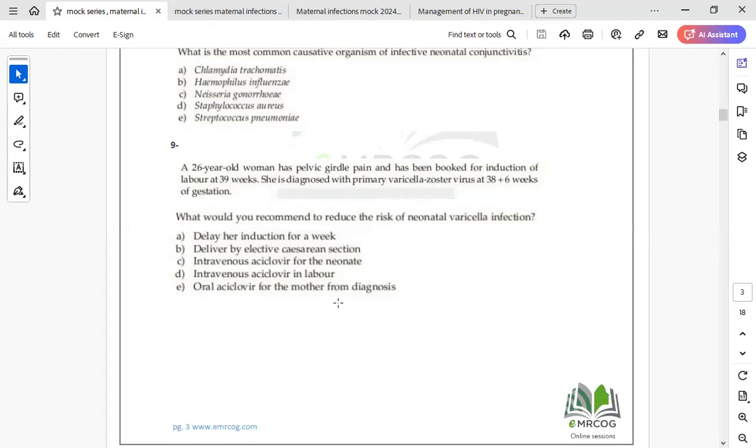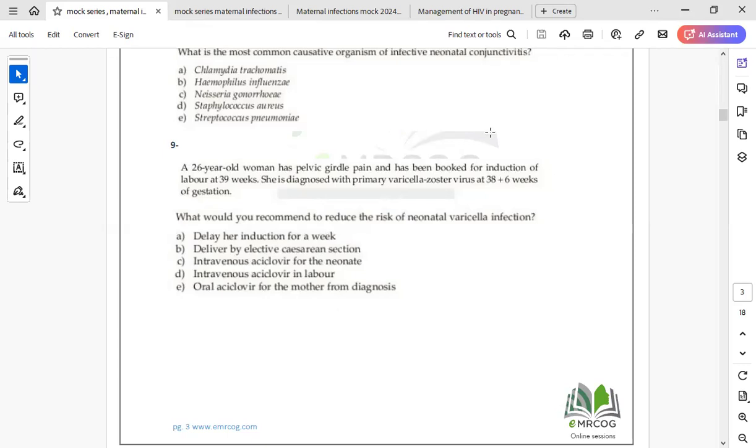And of course, we are going to run some tests for this baby, and according to the symptoms, we decide whether we are going to take a swab from the CSF or not. Both of them are going to need acyclovir. Anyway, this patient now, when she's having primary varicella zoster, she's going to take acyclovir anyway.